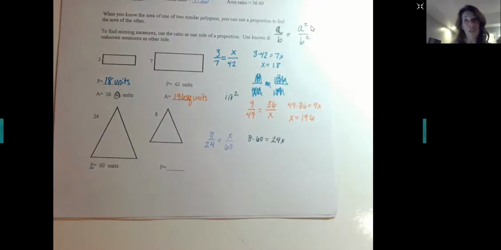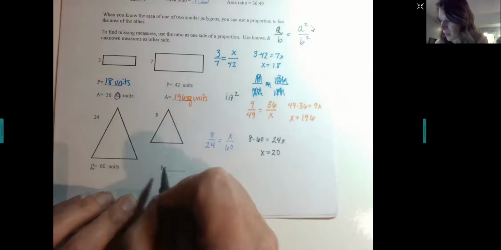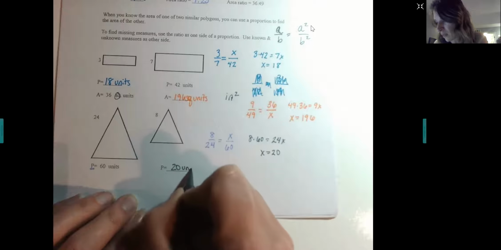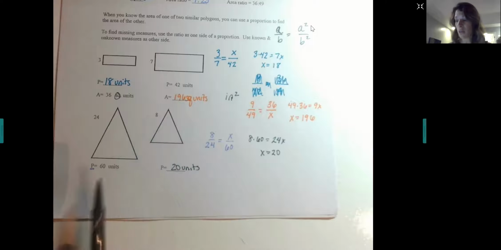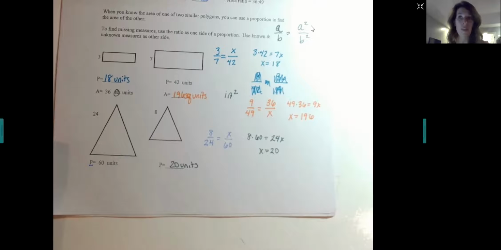I'm putting that into my itty bitty calculator because I did not do that one earlier. You also are putting that into your calculator. And I got that x is equal to 20. So this is 20 units. Let's check and make sure that it makes sense that this one is 3 times as large as this one. That does make sense. Fantastic.